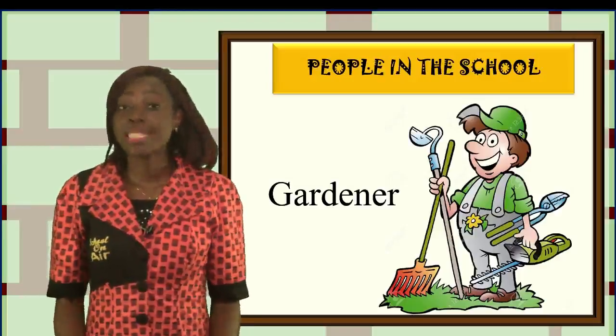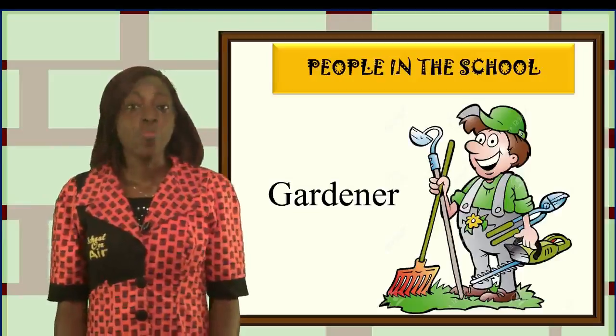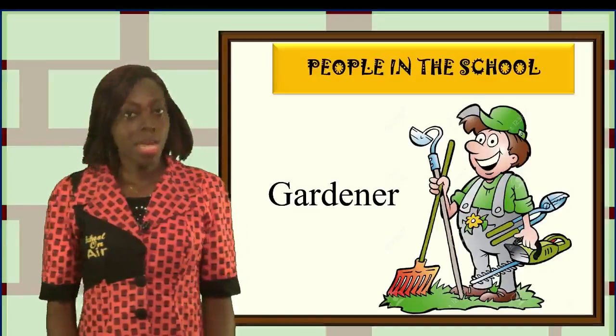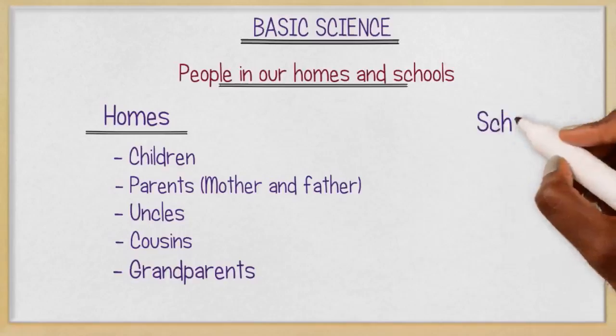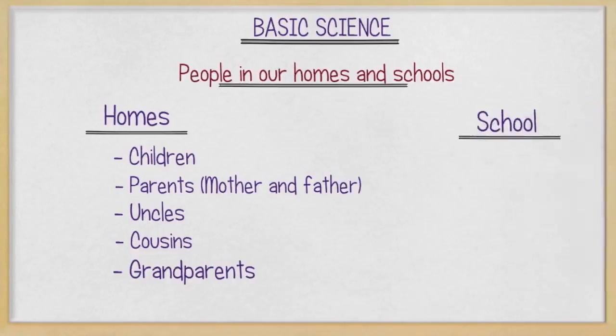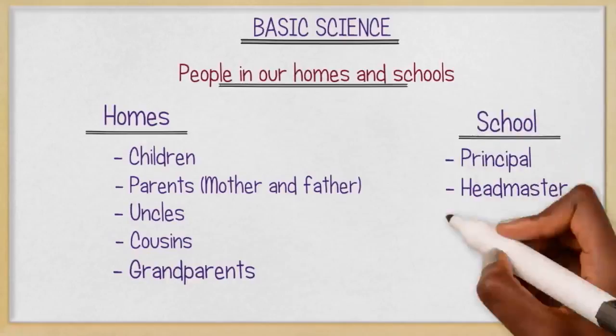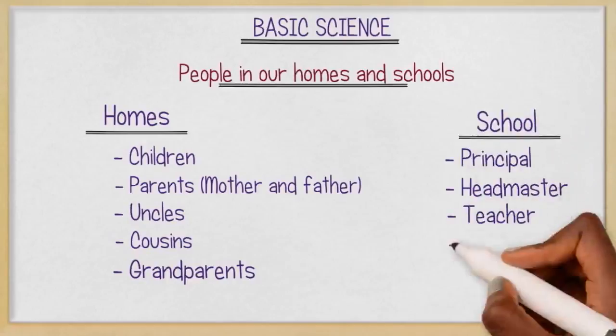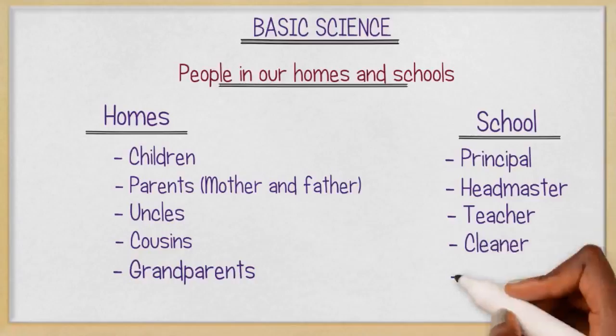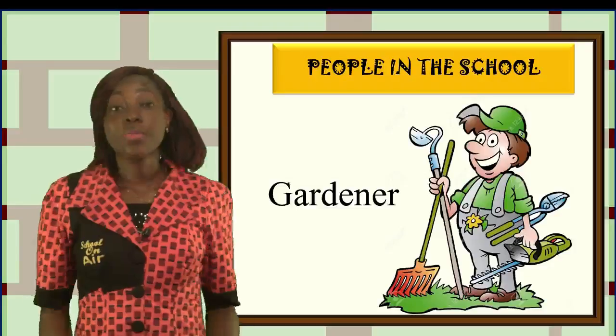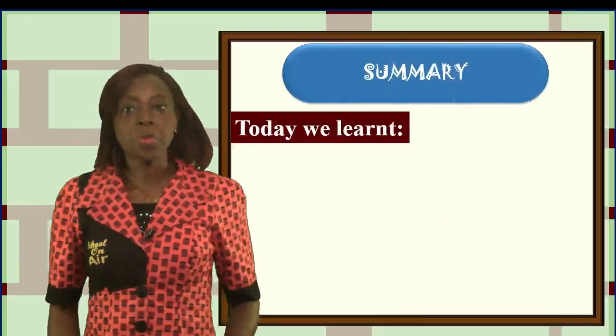Now let's quickly write down some of those people that we've seen that we can find around the school. We have the principal, we have headmaster, we have the teacher, we have the cleaner, and we have the gardener. All these people can be found in the school.